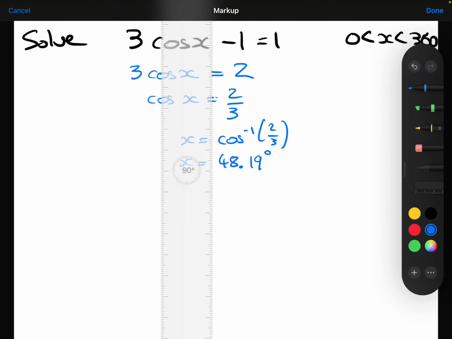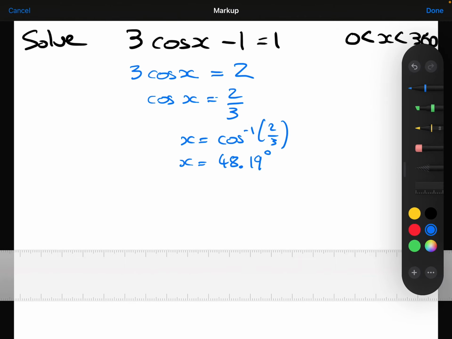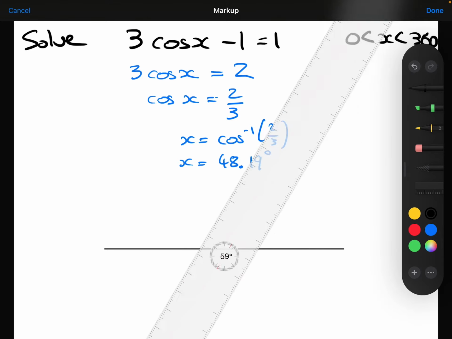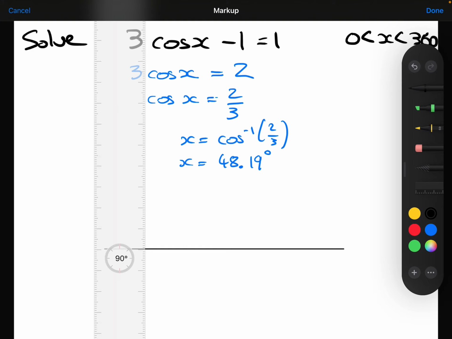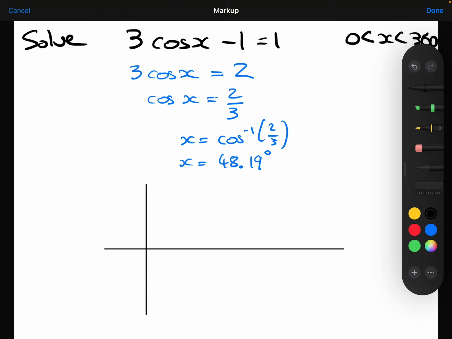I am now going to draw a very quick sketch of the cos graph so that I'm able to find the other solutions that I need. I'm going to be drawing my cos graph between 0 and 360, because those are the values of x that I'm asked to solve between for this question.